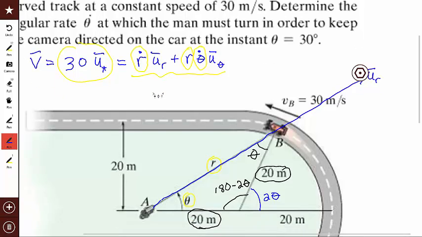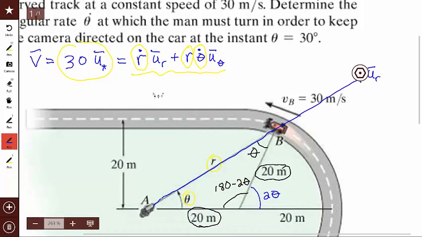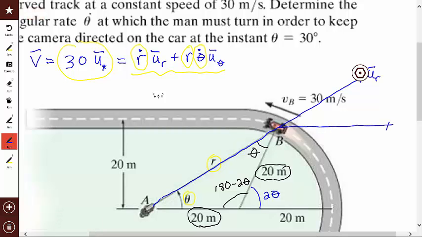I want to find out where it is, so I'm going to draw a horizontal line. This line and this line are parallel. So if the angle down here is theta, this angle right here is also theta.